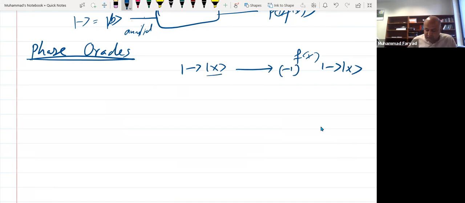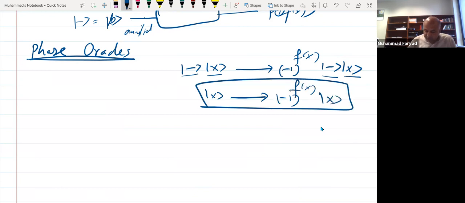And if we are just working with these x qubits, since this minus is here and minus is here, we can essentially picture it like this: that the x state is transformed to minus 1 power f of x times x. Which essentially means that to implement this, we have to implement the x gates on this ancilla qubit according to this function f of x.